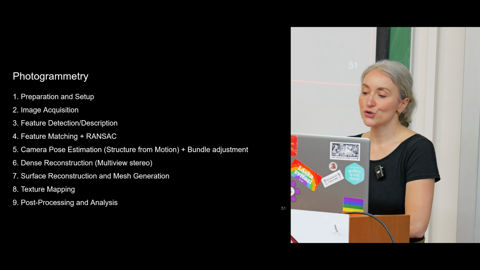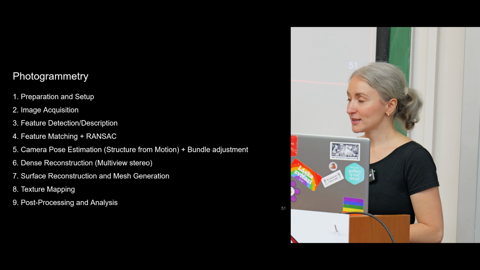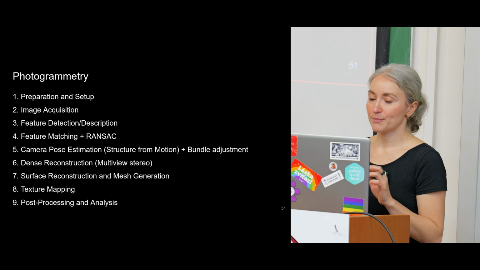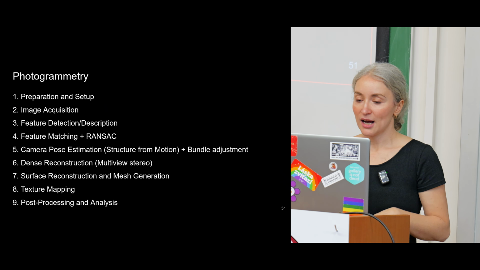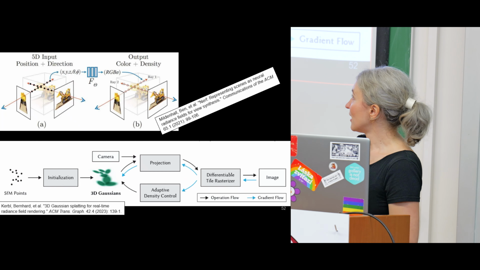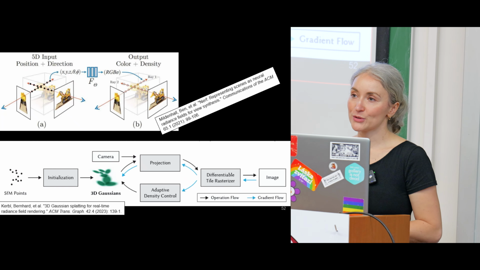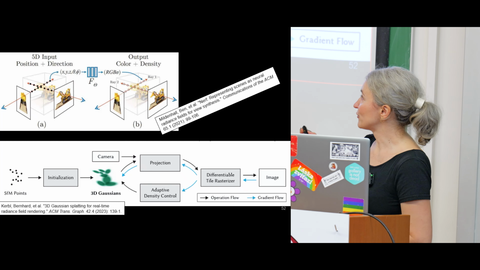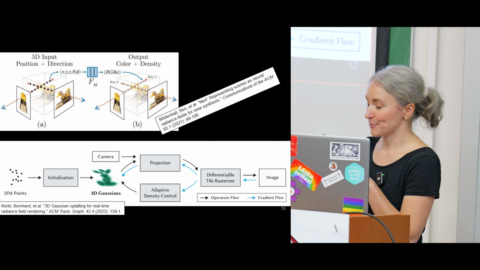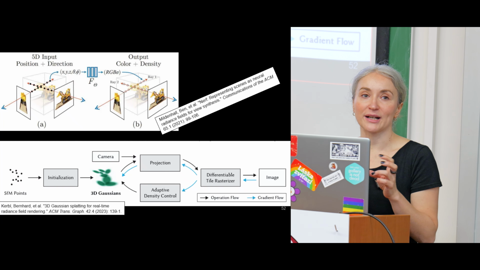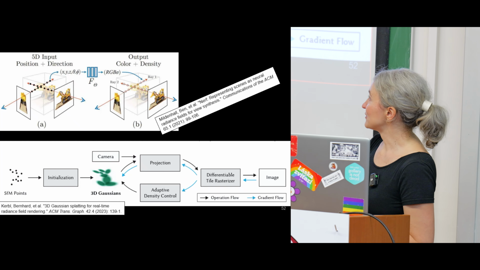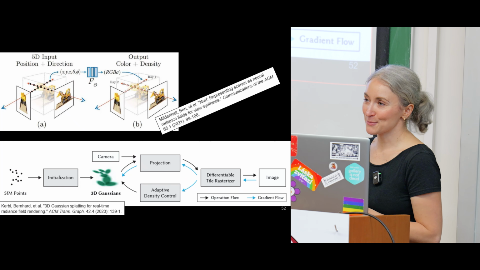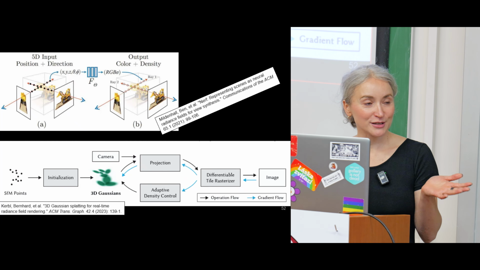However, if we want to be really state-of-the-art, the pipeline is used by all the galleries and cultural institutions, but in the literature nowadays, novel view synthesis methods are used for visualization of 3D objects from photos. We have these very hyped papers, NeRF and Gaussian splats. Maybe you have heard about them.